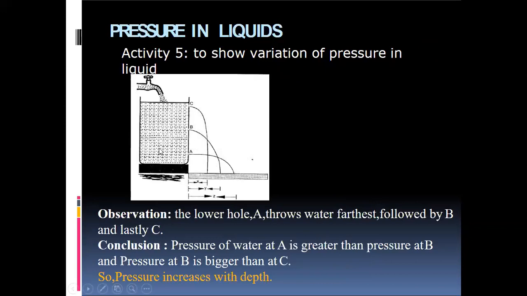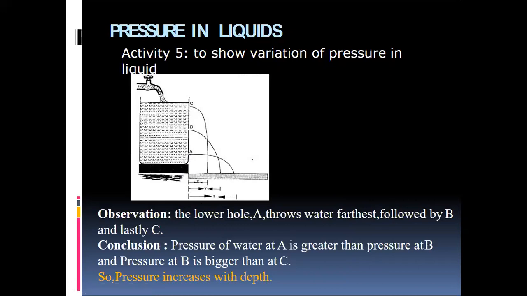Water flowing out from the hole at the top hits the ground at the least distance. You can see point C, the water hits the least distance compared to point B and point A. So here we can see that the lower hole A throws water the farthest, followed by B and lastly C. What is the conclusion, students?